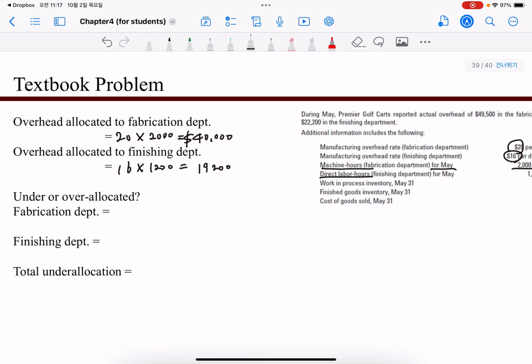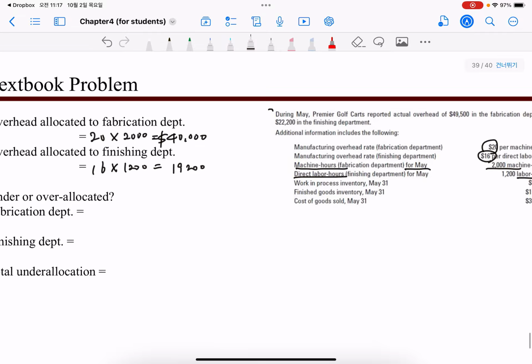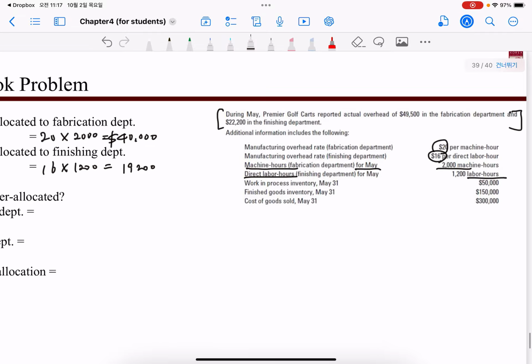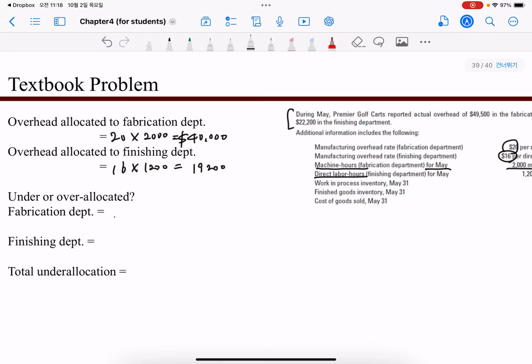Now, since we have the allocated amount, we want to compare that with the actual overhead. And if you see this sentence, we have the actual overhead incurred. So we're going to use the 49,500 as an actual and the allocated overhead of 40,000. And that will give us $9,500 of under allocation.